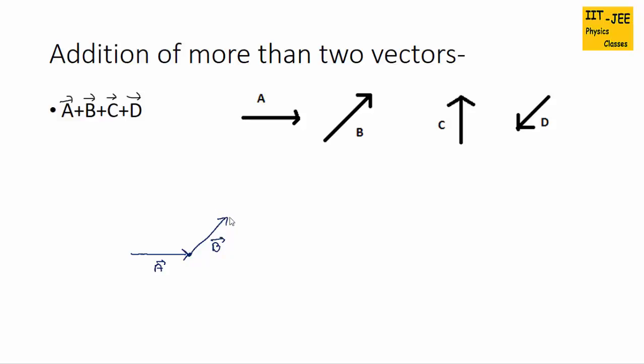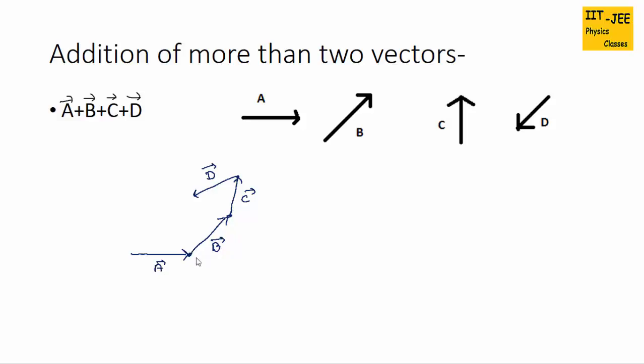Then from the head of vector B, draw vector C, a parallel vector to C of same length and same direction. Then from the head of vector C, draw vector D, a parallel vector to D of same length and same direction.